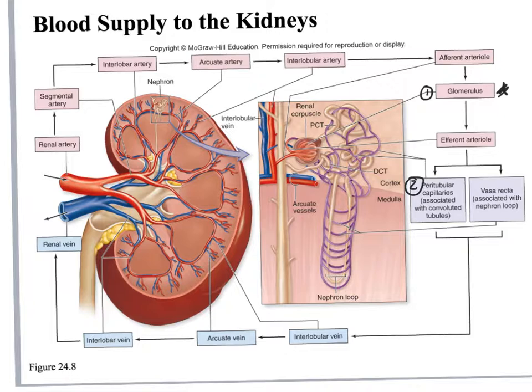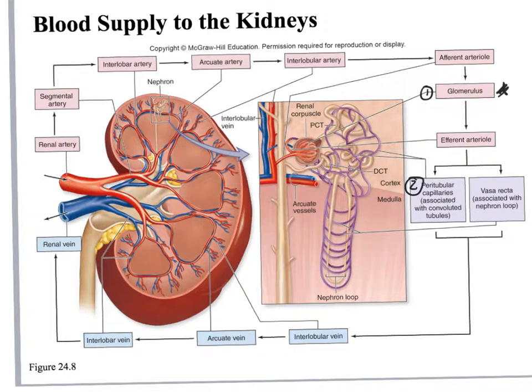Blood pressure. And how do they control blood pressure? What's the big thing that arterioles do to control blood pressure? They vasoconstrict and vasodilate. So the fact that these two vessels, incoming and outgoing, are arterioles, what can they do? Vasoconstriction, vasodilation.